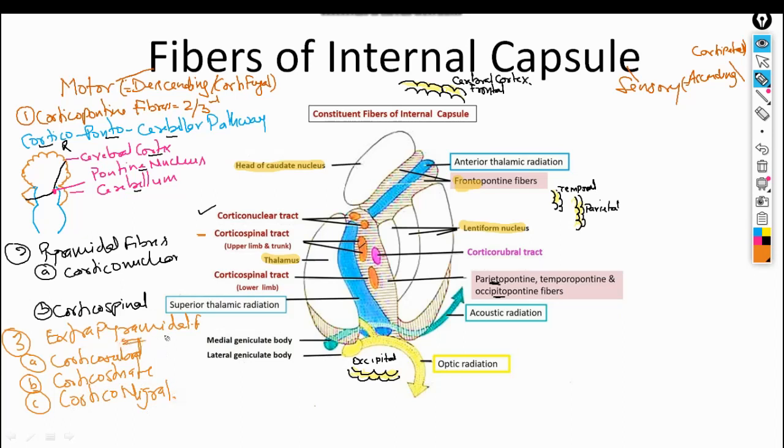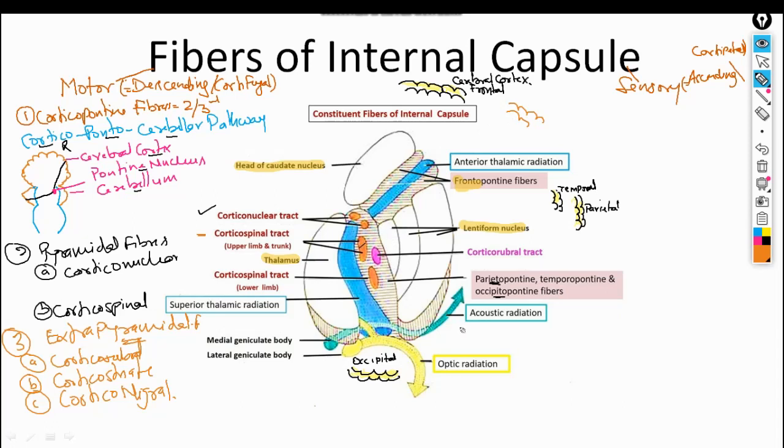These extrapyramidal fibers arise in the cortex, and finally through the internal capsule, they relay like this way. They will go and relay in subcortical areas in the gray matter.